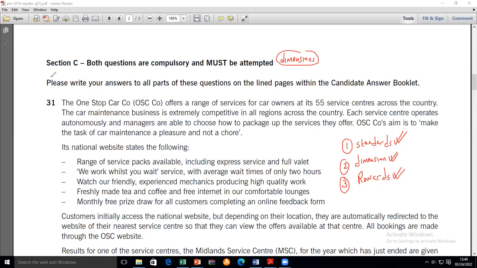We have the inputs. What are the inputs? And what are the outcomes? Tell me, what are the inputs or what are the determinants?